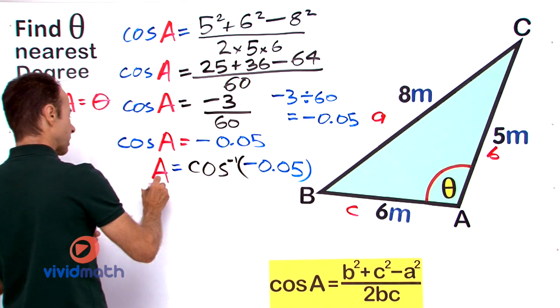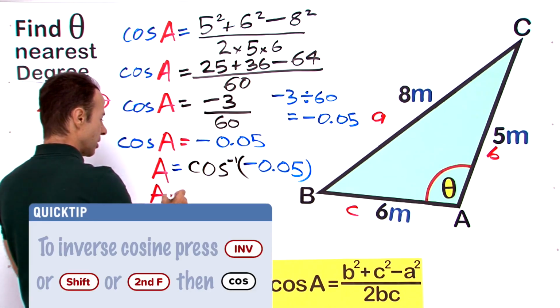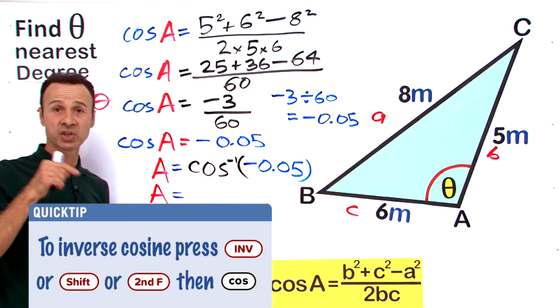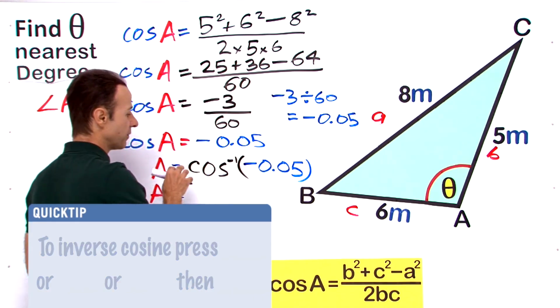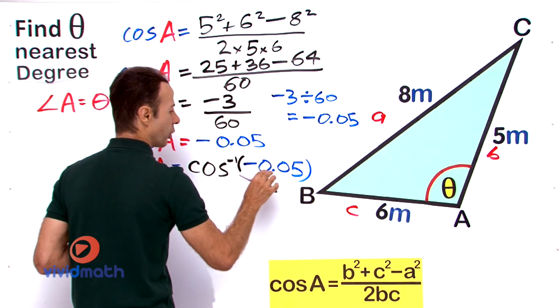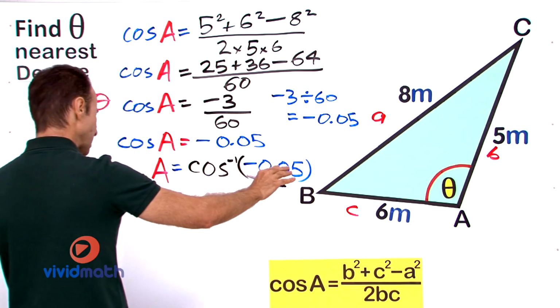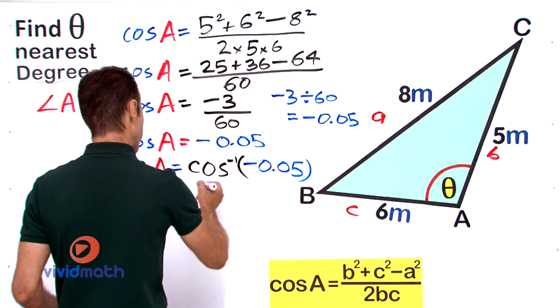On your calculator, you want to get the inverse. Depending on your calculator, you hit shift, inverse, or second function button, so inverse cosine of negative 0.05. That's going to give you a decimal degree.